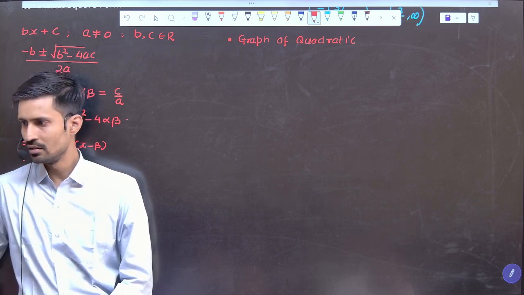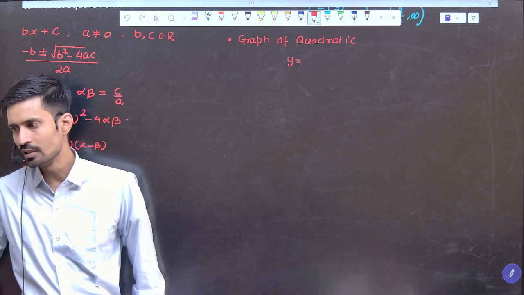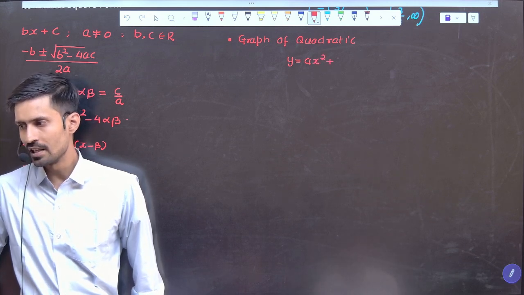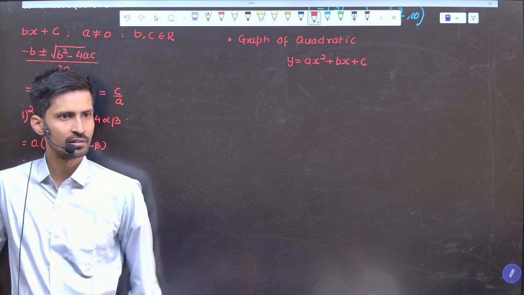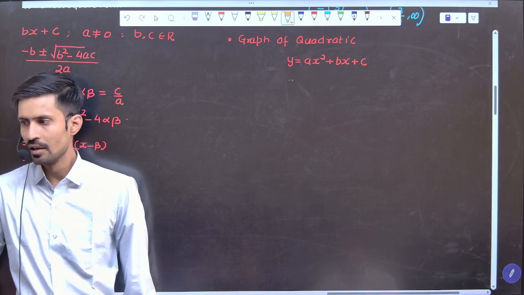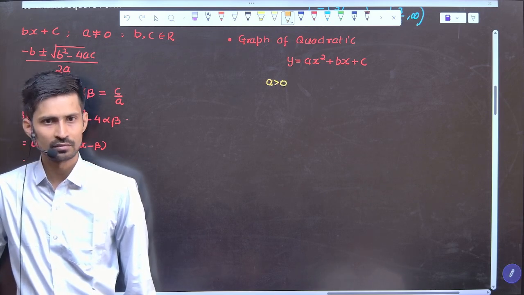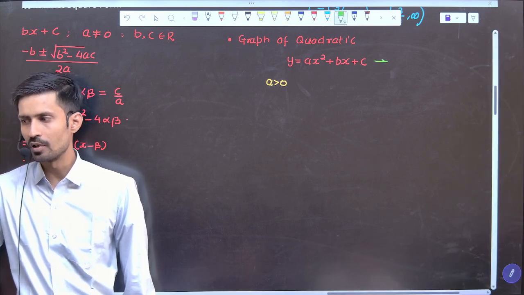Yes, na? So, graph of quadratic. I am writing y = ax² + bx + c. Now here, when a is greater than 0, first of all you remember, this represents a parabola.